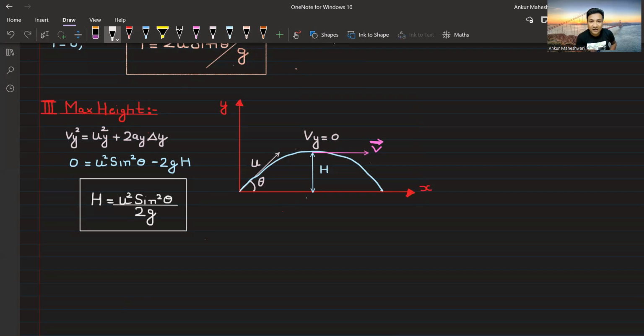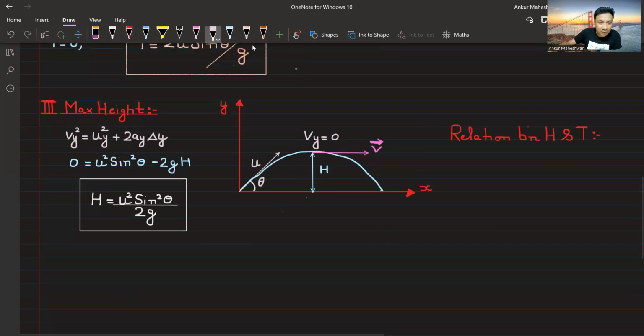As you can see, this maximum height is also depending upon the vertical component of initial velocity. Okay. So we can find the relation between maximum height and time of flight.